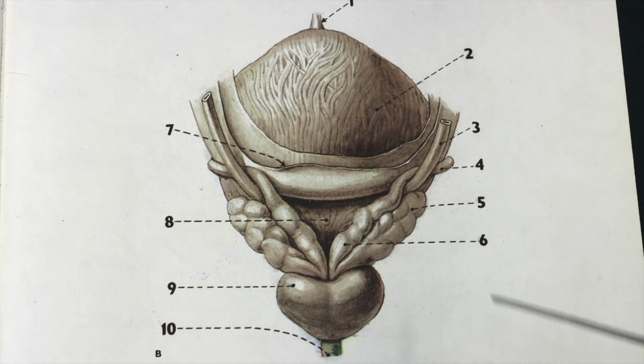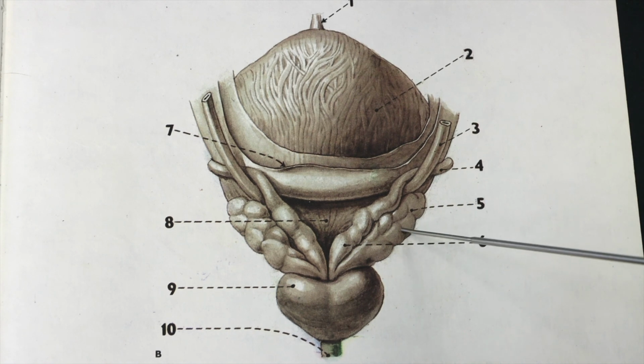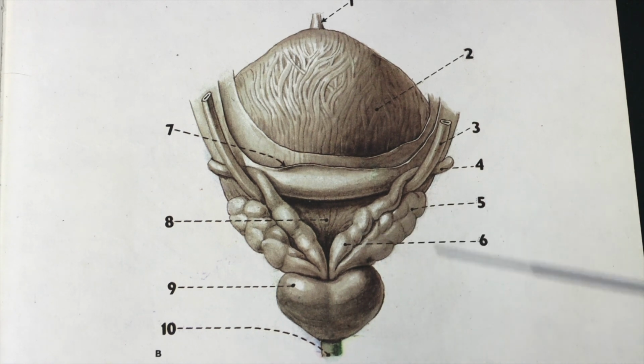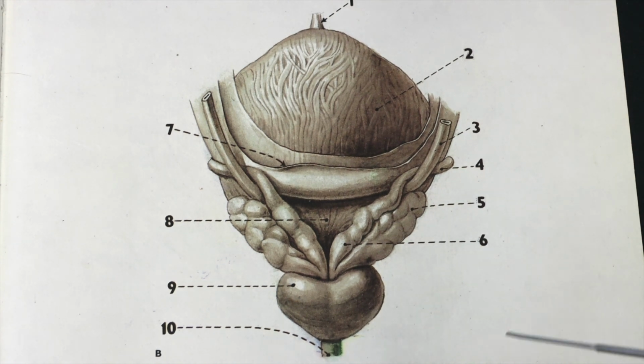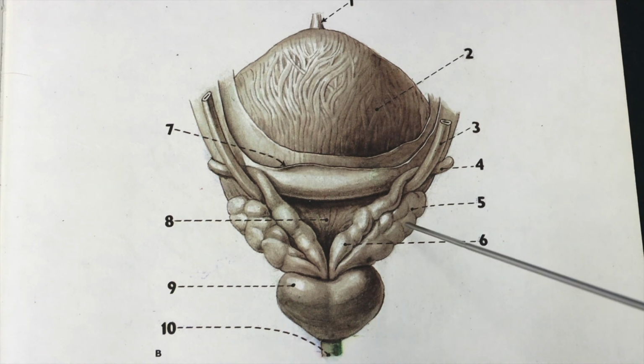As for the seminal vesicle, the length is approximately 4 to 5 centimeters, the width is approximately 1.5 to 2 centimeters, and the diameter is more or less 1 centimeter. Itself, it has a coil-shaped duct, which is around 12 centimeters, and it's called the excretory duct.